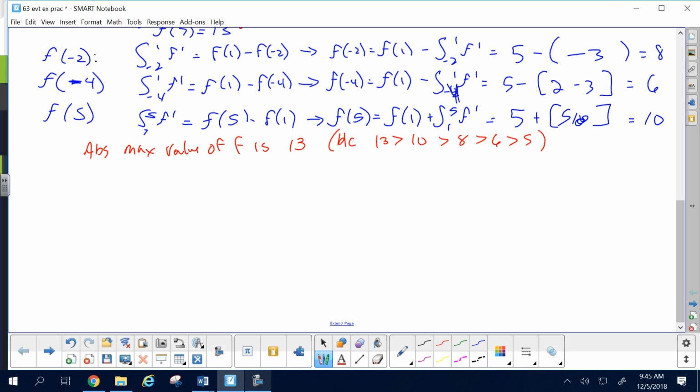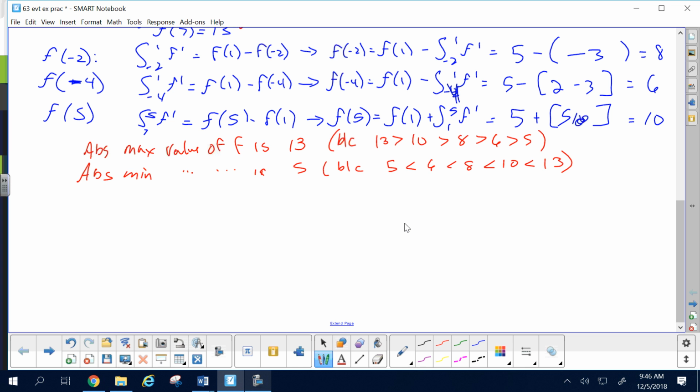Let's answer the other question. The absolute min value of f is 5 because it's the least of the candidates. 5 is less than all the others. Or again, I wrote the inequalities, you could say in words because 5 is the least of the candidates. If that makes sense to you.